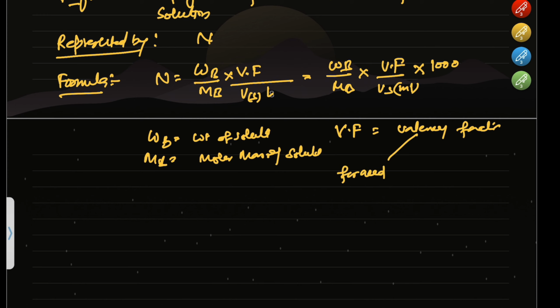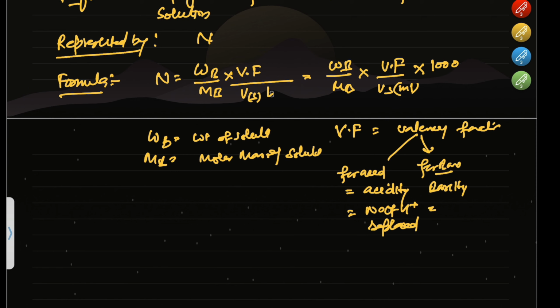For an acid, valency factor is equal to acidity, or the number of H plus ions replaced. For a base, it is equal to basicity, or the number of OH ions replaced. For a salt, it is the total positive charge.